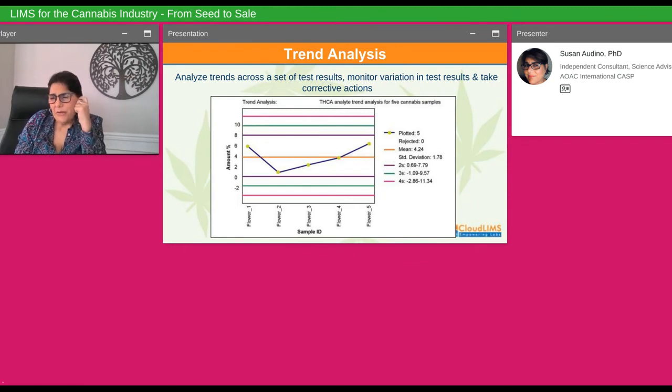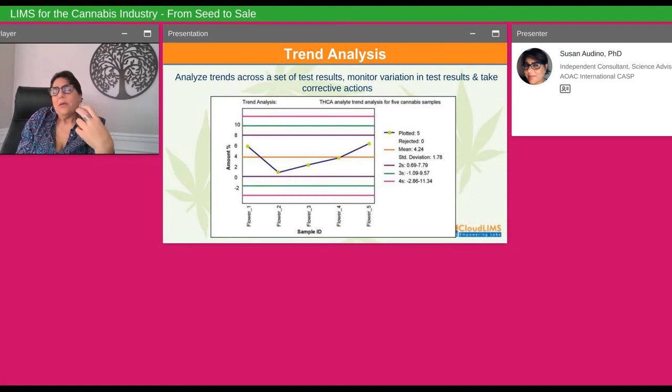As it's doing this, all of the QC data are ending up in a plot. So we need to be able to analyze data in a way that we can detect trends. Again, this is another ISO 17025 requirement. And by this automated plotting, again, we set our own confidence limits and our warning limits.